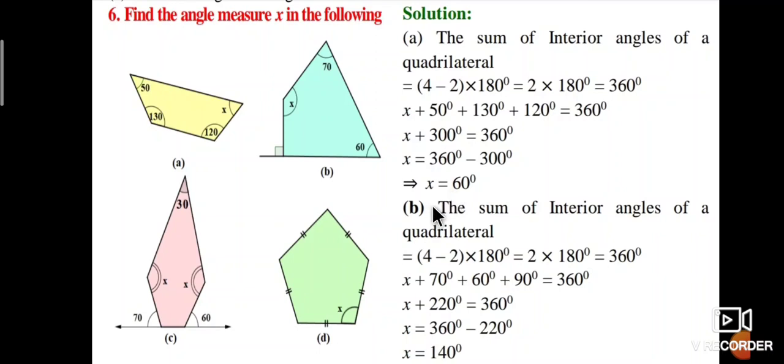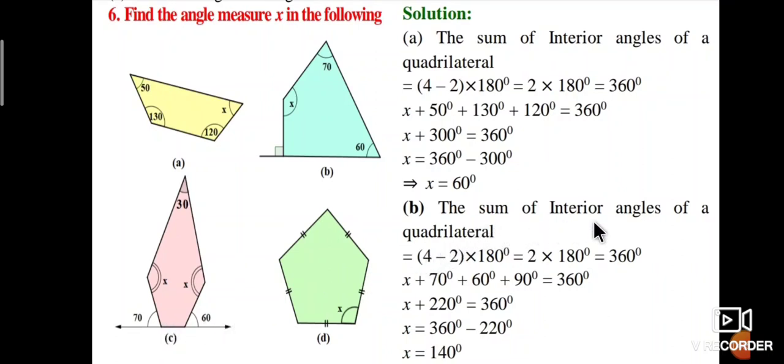Okay, next, the second one. Observe this figure: 30 degrees, x, this angle is 70, this angle is 60. We observe that this angle is 60, it is 120, it is 70, it is 110.